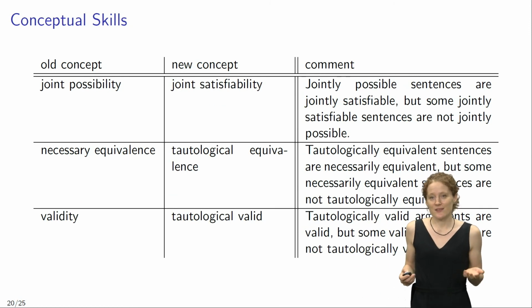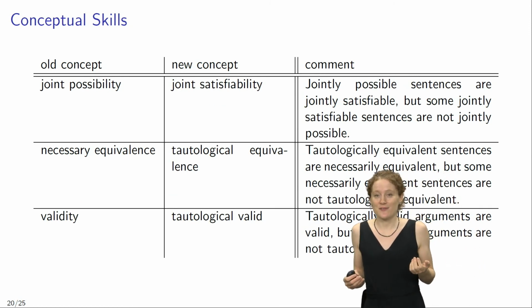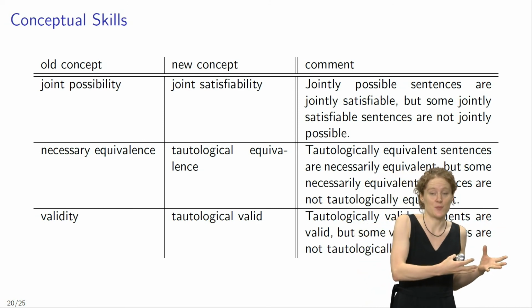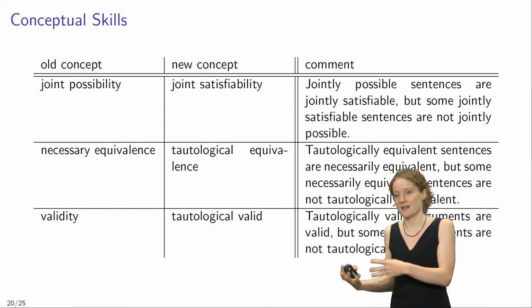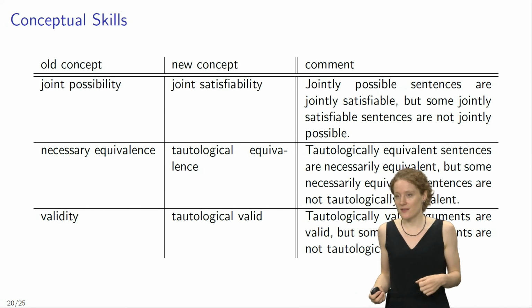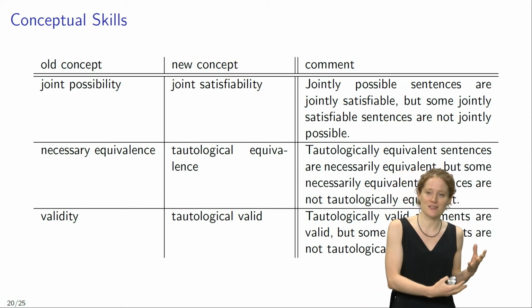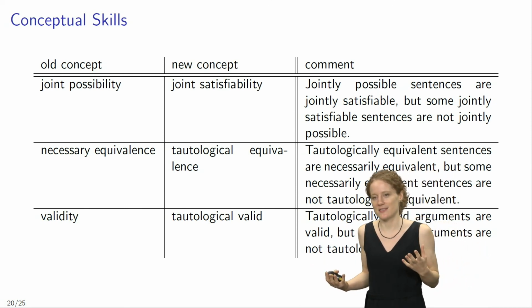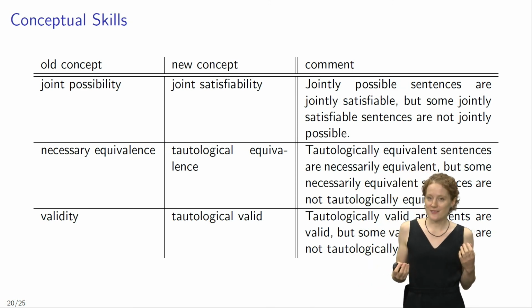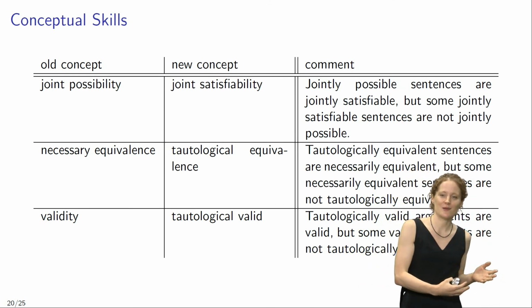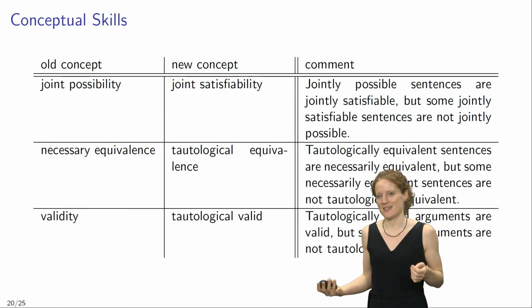And similarly, you should be able to explain the difference between 2 sentences that are jointly possible and 2 sentences that are jointly satisfiable, or the difference between necessarily equivalent and tautologically equivalent sentences, as well as the difference between valid arguments and tautologically valid arguments.